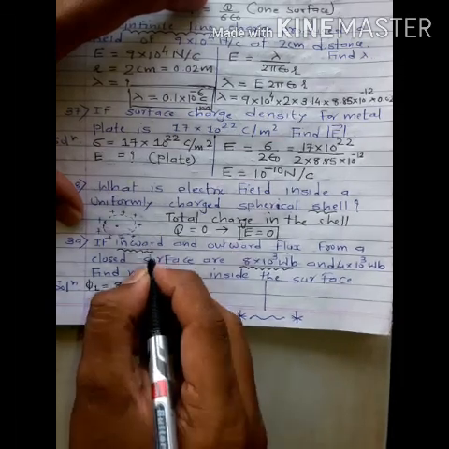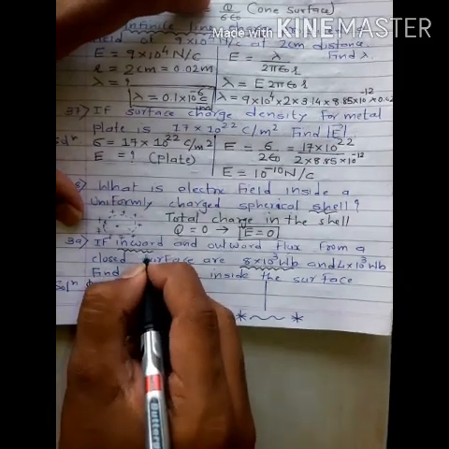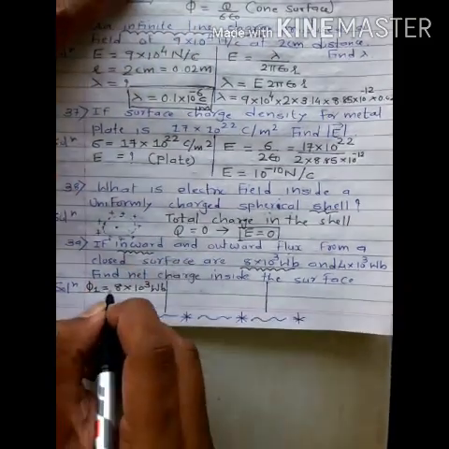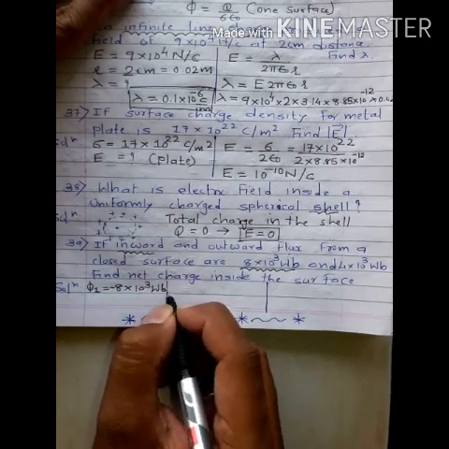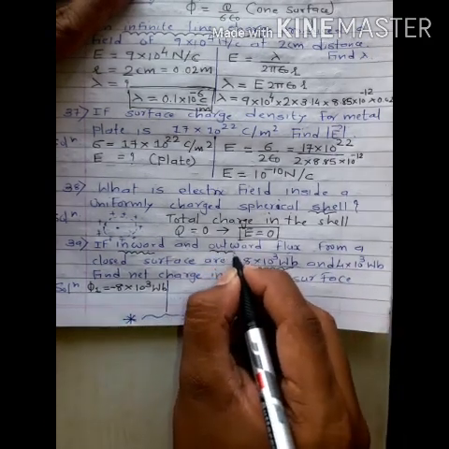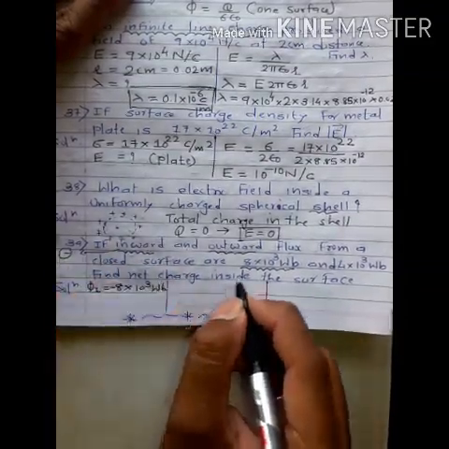But remember this point, whenever we consider inward flux, this is possible due to negative charge. So we use phi1 is equals to minus 8 into 10 raised to 3 Weber. Next value, outward flux. Inward flux is always negative.